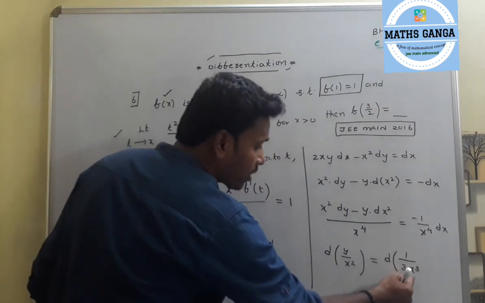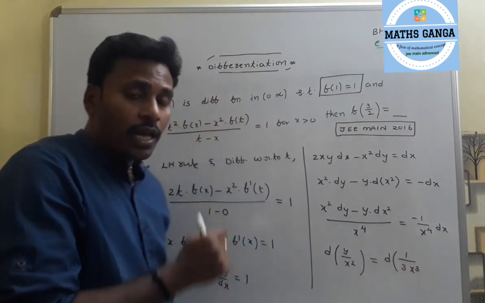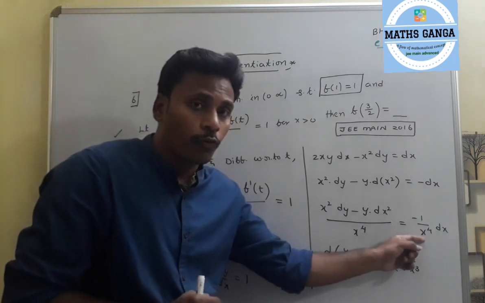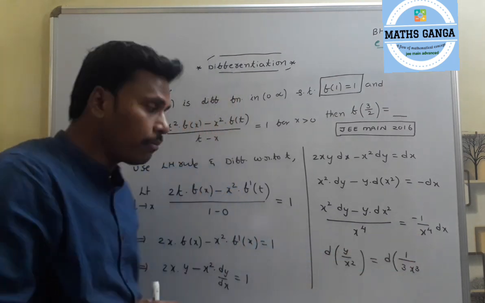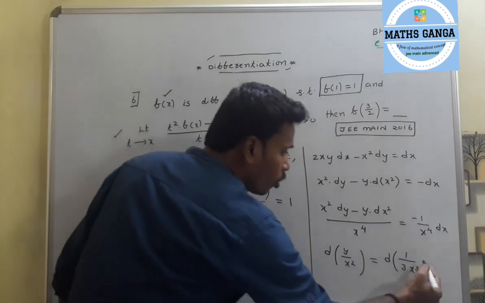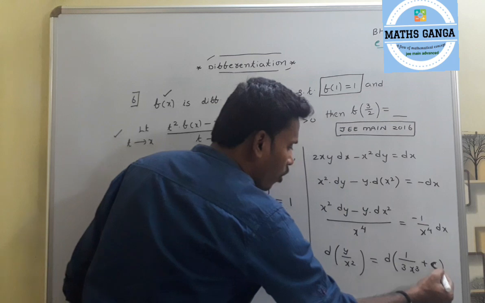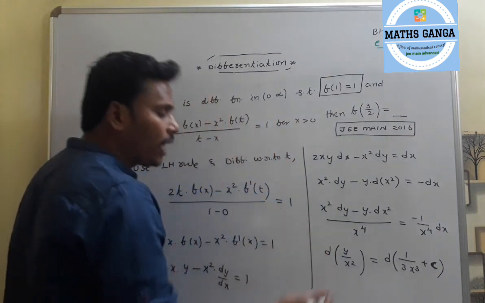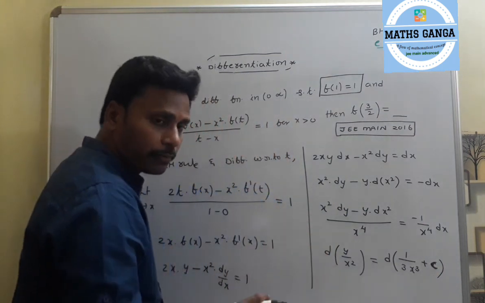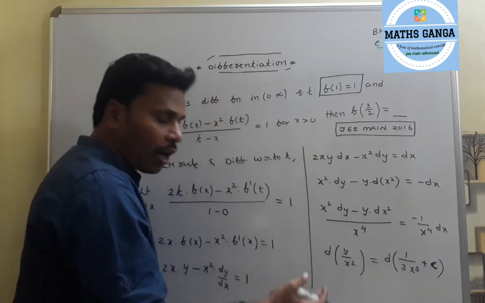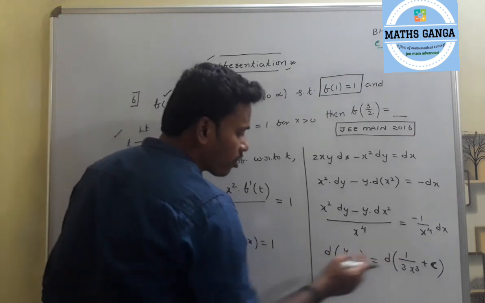For 1 by x cube, the derivative is minus 3 by x power 4. Since we have minus 1 by x power 4 here, to balance I am writing 3x power 3, plus some constant c. Usually the derivative of a constant is 0, so if you write any constant like that, no problem, right? After this step, now apply integration, or you may say cancel differentiation on both sides.